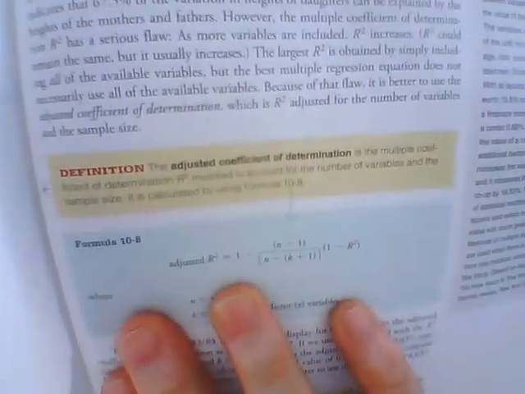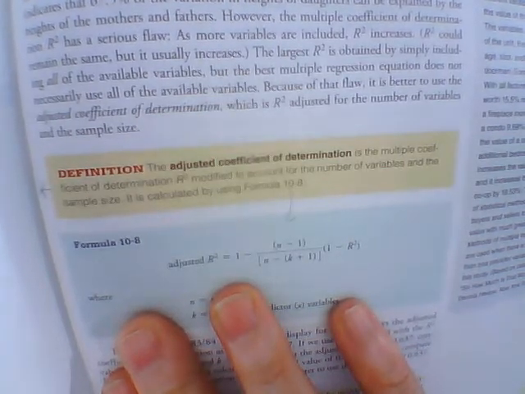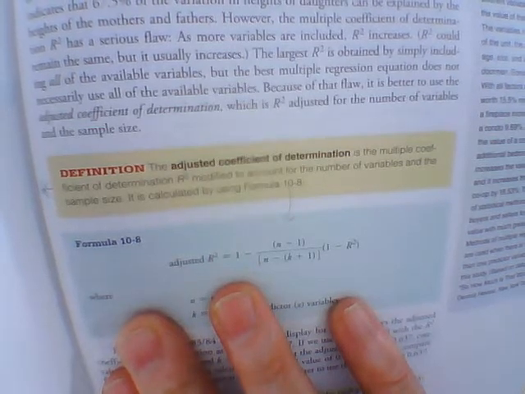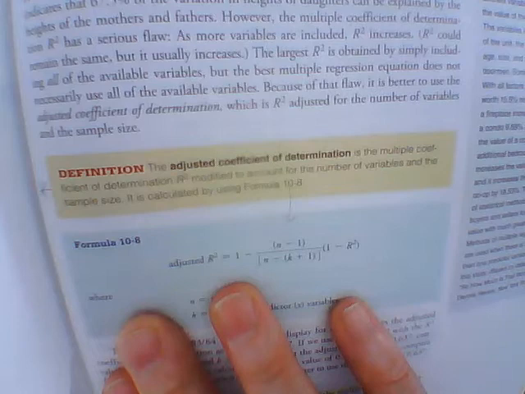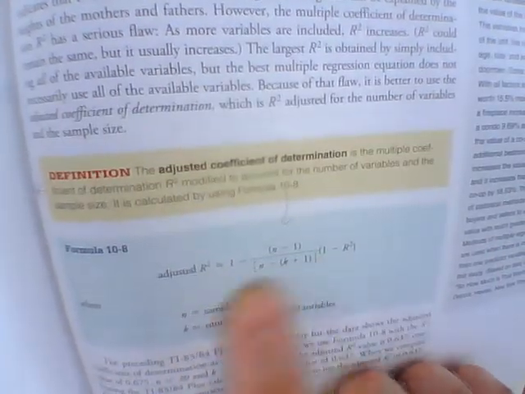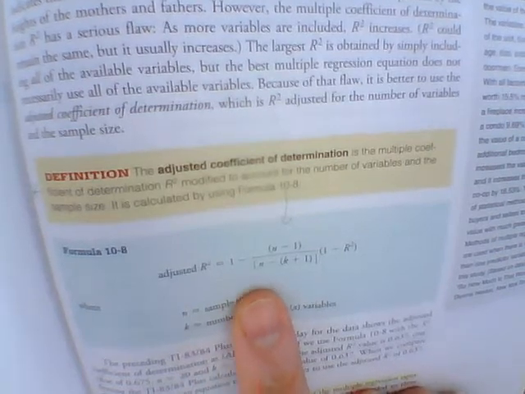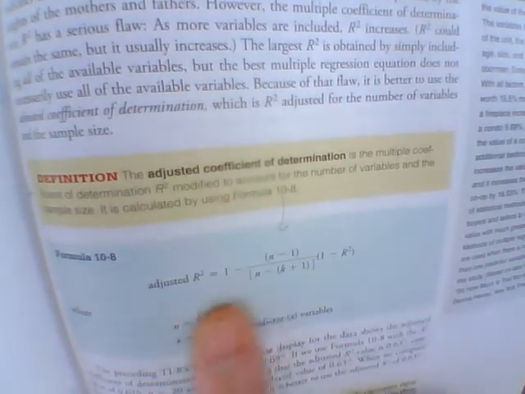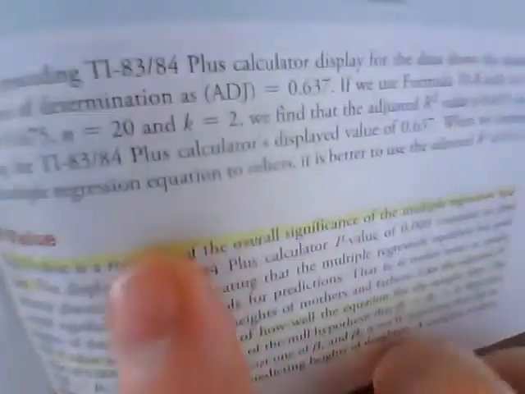The adjusted coefficient of determination is the multiple coefficient of determination, capital R squared, modified to account for the number of variables and the sample size. It is calculated by using this formula right here. The adjusted R squared value equals 1 minus all this value. Once again, we're bringing the actual R squared value into here.